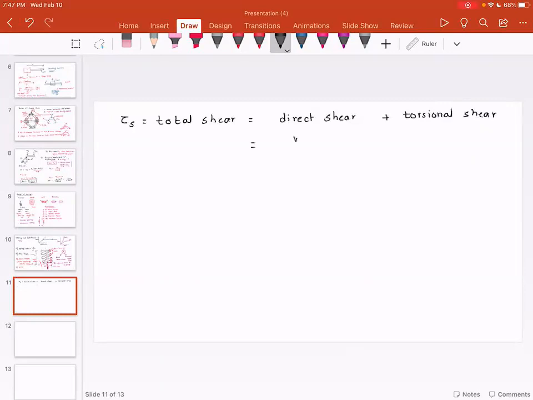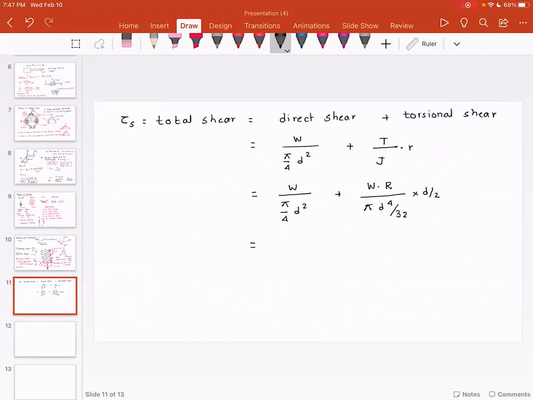Direct shear is W divided by pi by 4 d square, and please note, small d is the wire diameter, plus torsional shear is T divided by J multiplied by R. So this becomes W divided by pi by 4 d square, plus W, the load, times R, the radius, divided by pi d raised to 4 by 32, multiplied by d by 2.